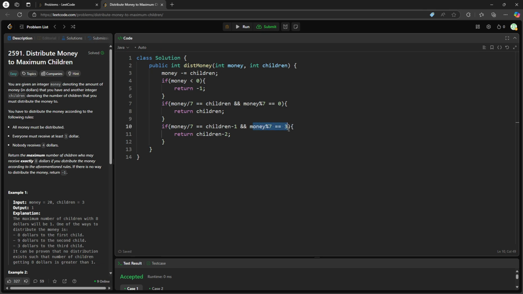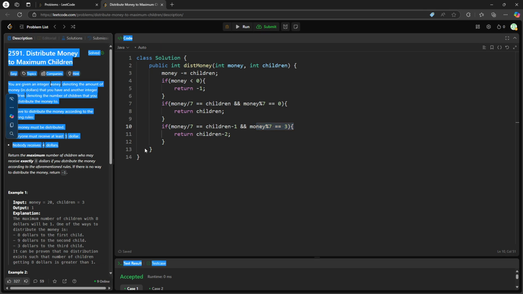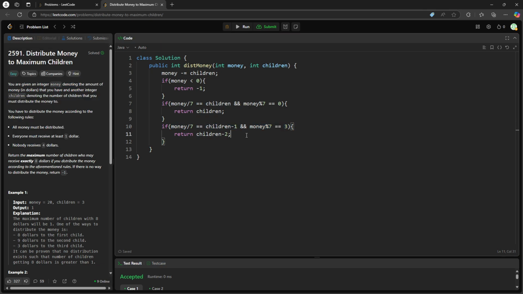This is the last one, the last person, and these are the other children. Since you validated the rule, you want to use the second last to distribute the money to the last one. So the total children who can get the maximum dollar of 8 is going to be children minus 2.